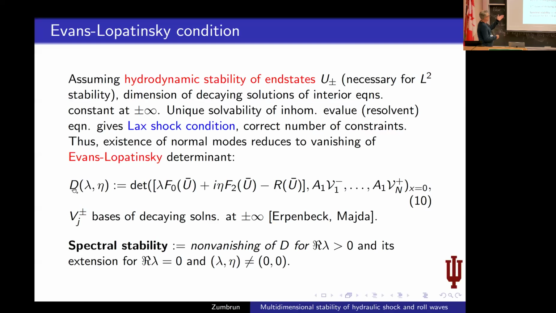And that determinant is called the Evans-Lopatinsky determinant. It's very much the same as in the previous talk, which was for periodic problems, but simpler. Now we've replaced the Bloch-Floquet number, which was Xi, by eta, which is an actual Fourier transform in the y direction. But it looks very similar.